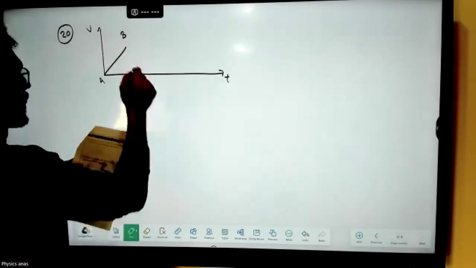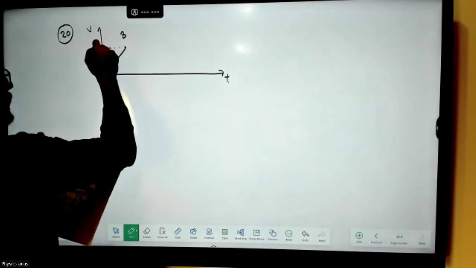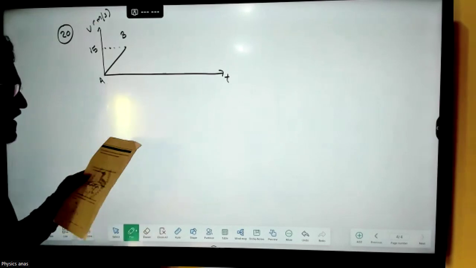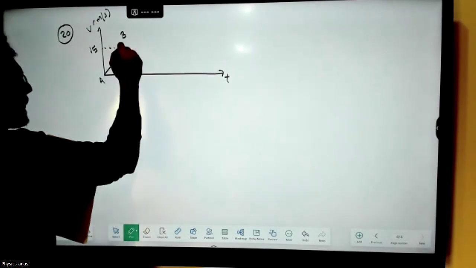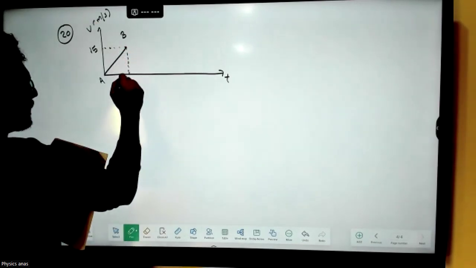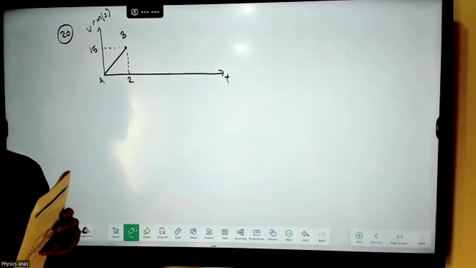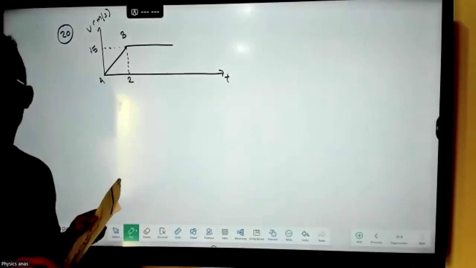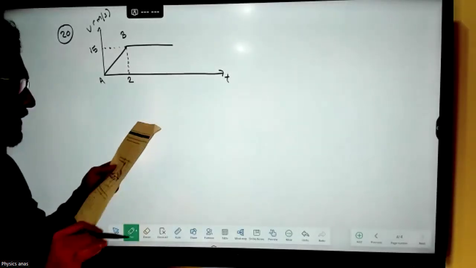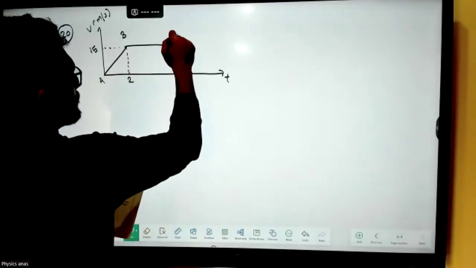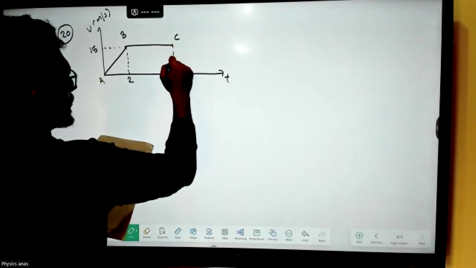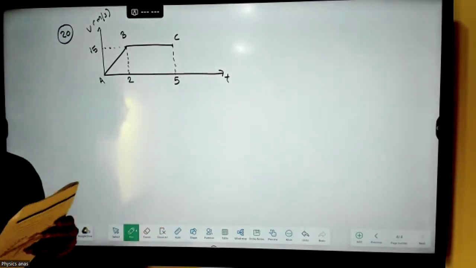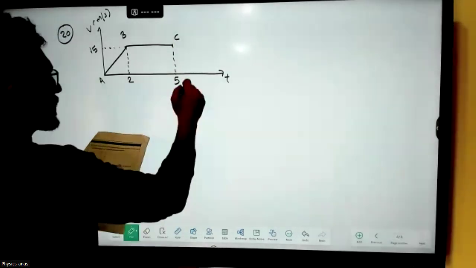At the point B, you have a velocity of 15 meters per second, at a time of 2 seconds. The velocity is not changing from B to C. C corresponds to a time of 5 seconds.